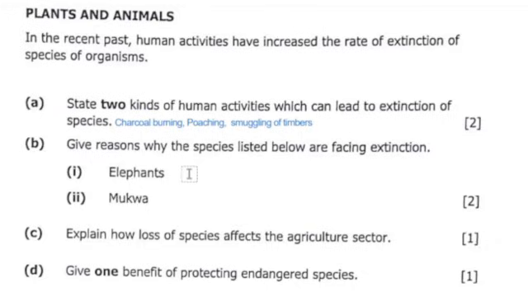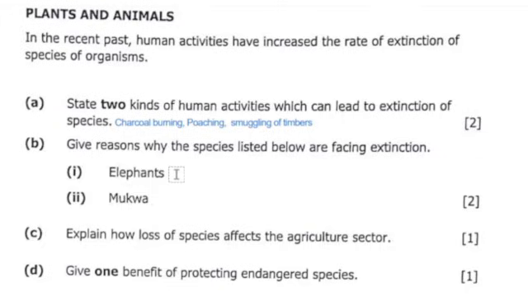Because of the demand for this timber, people will be cutting them uncontrollably in search of them to earn a living or to fetch money to be wealthy. So those are the three activities that have led to extinction of species. So you can pick two from those three and write them.